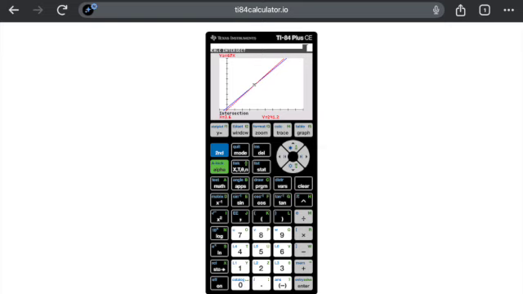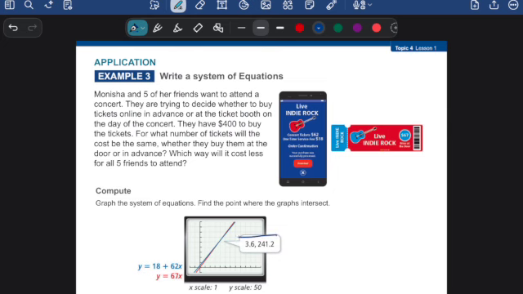So that point of intersection, that's how you can use your graphing calculator. Again, using y equals, and you type in your equations, and then calc, and then intersect. You do second trace to get to the calculate menu.